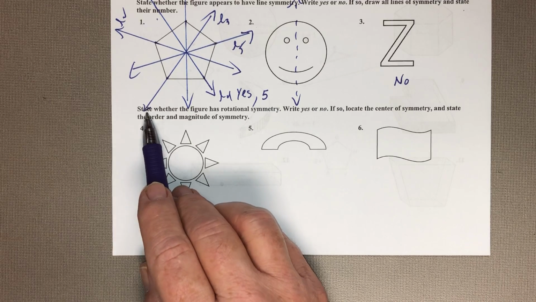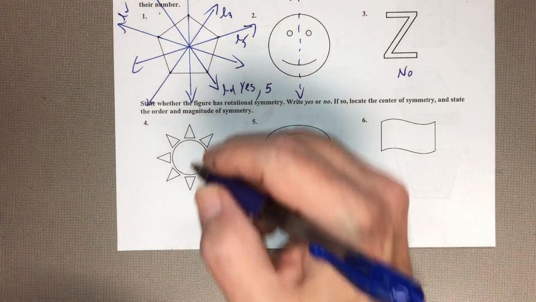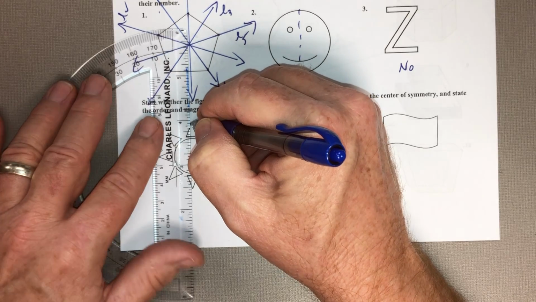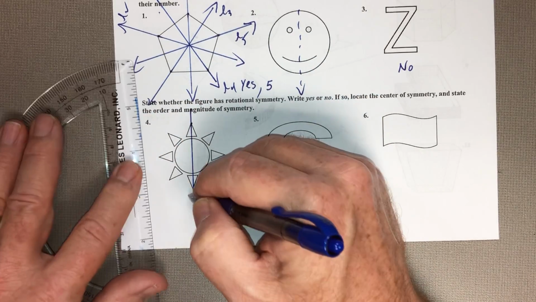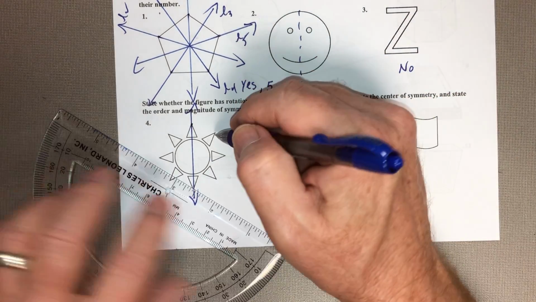The instructions say, state whether the figure has rotational symmetry, yes or no. If so, locate the center of symmetry and state the order and magnitude of symmetry. Well, if you were to draw in these segments, I'm just going to draw 2 of them. They want us to draw all the lines of symmetry.